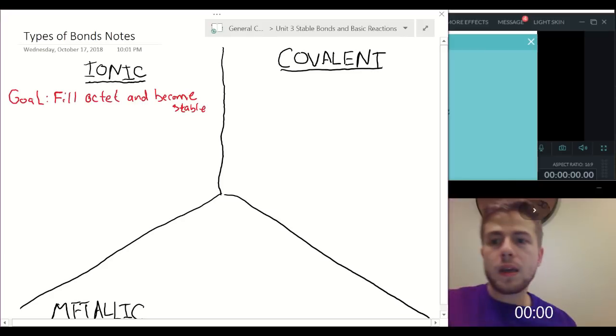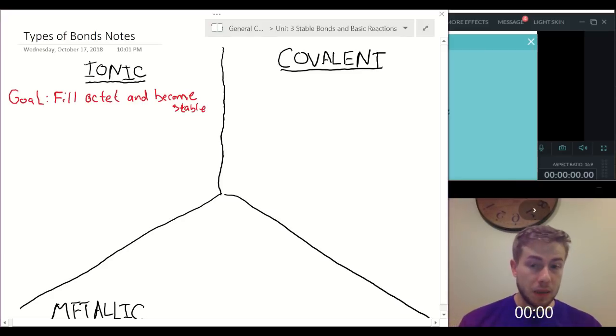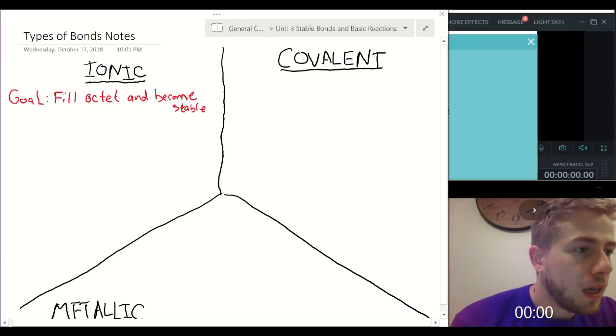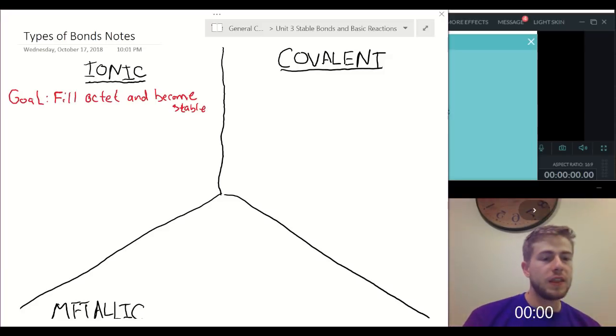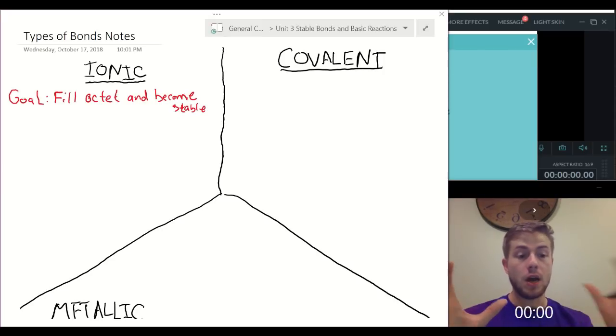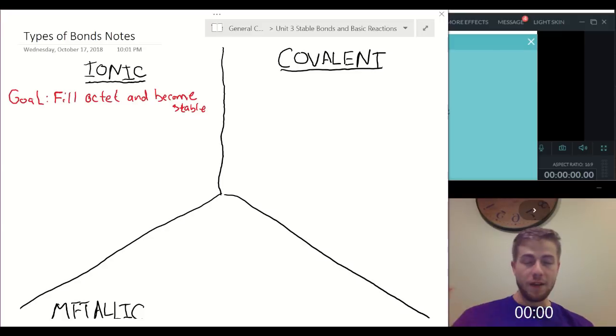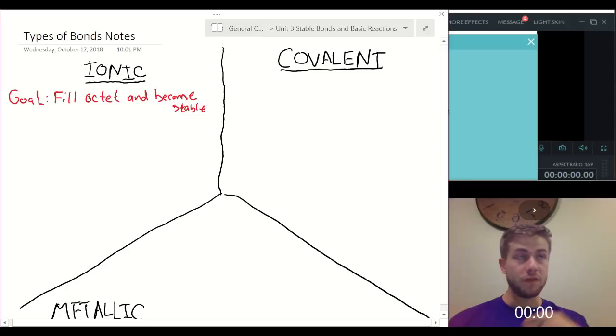That's a T. Fill their octet and become stable. Okay. And the kind of elements that ionically bond are metals and nonmetals. So remember, metals are found at the left-hand side of the periodic table, and nonmetals are found at the right-hand side of the periodic table.